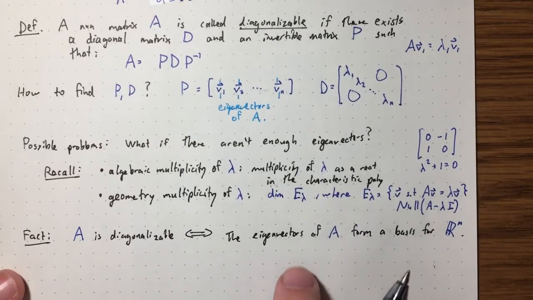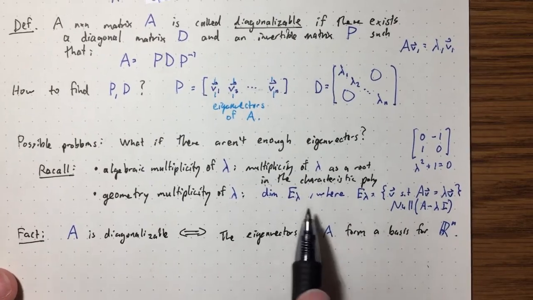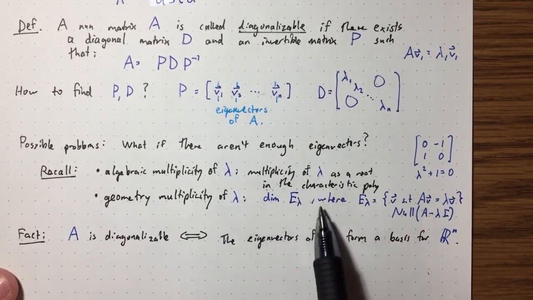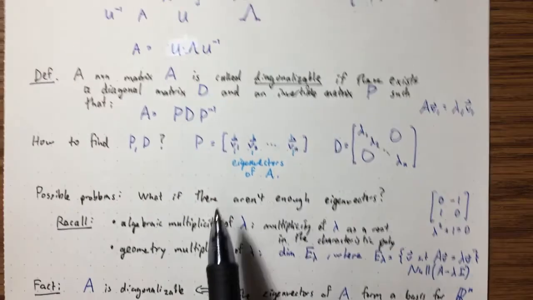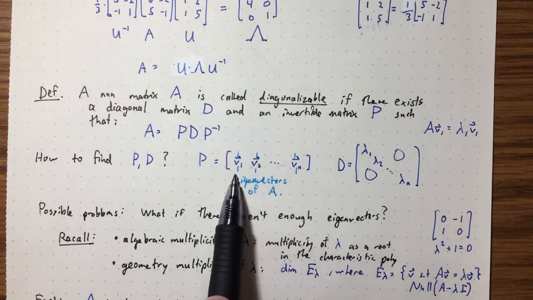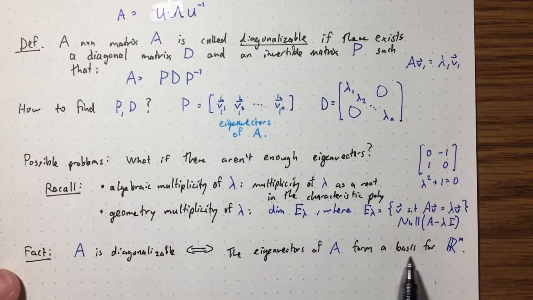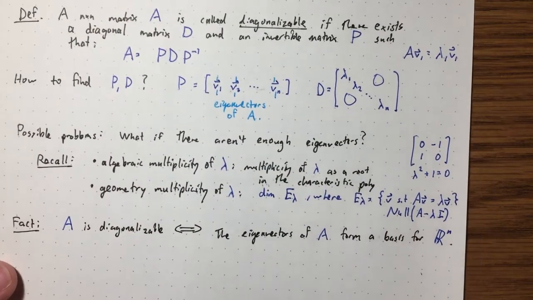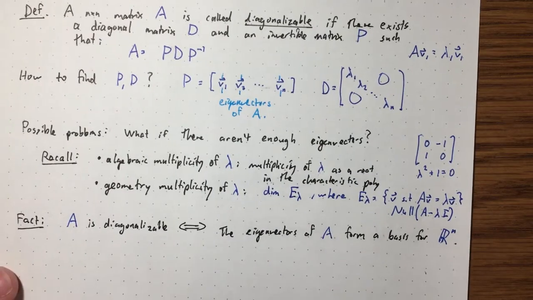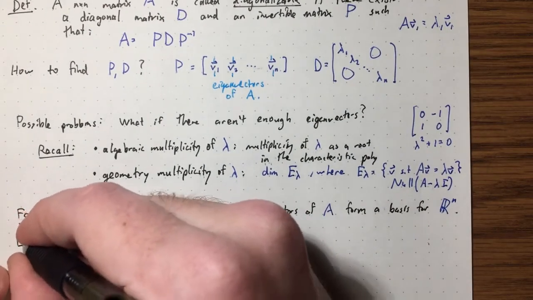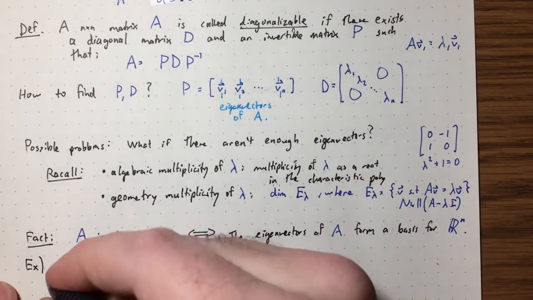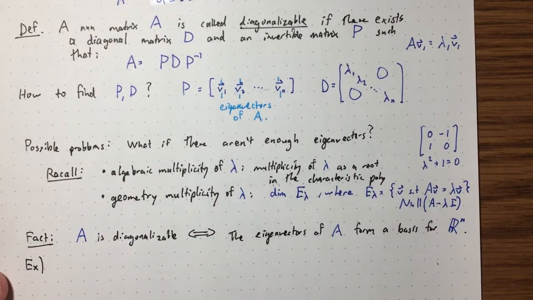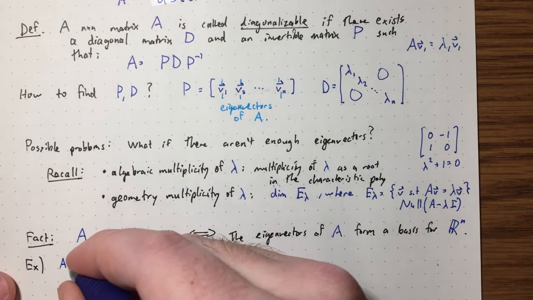But what's clear is that if we have a two-dimensional space of eigenvectors, we need to choose the columns of this matrix carefully so that we actually have a basis for Rn. Okay, so let's do an example. I think I've said enough. Sorry about all the theory all at once, but let's do an example that we saw in the previous lecture.